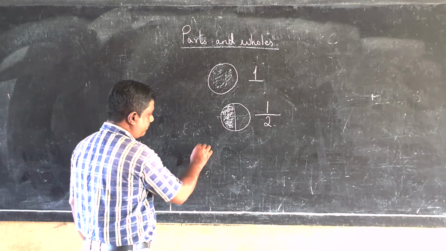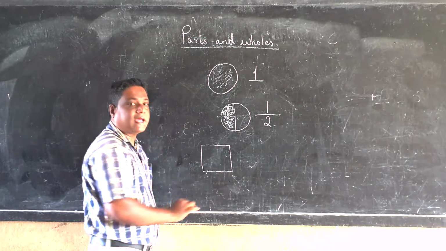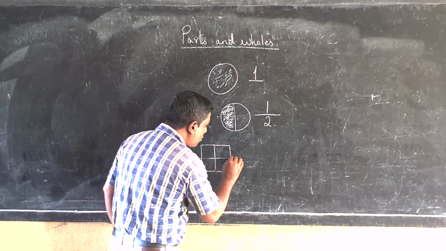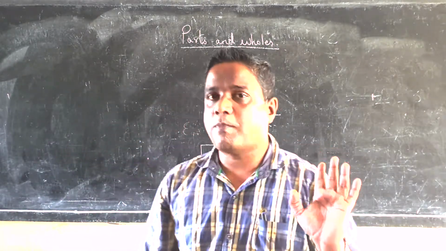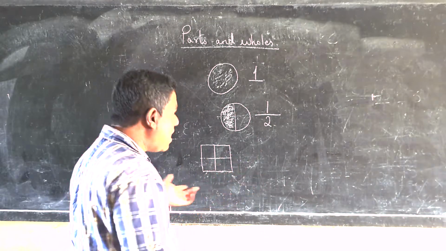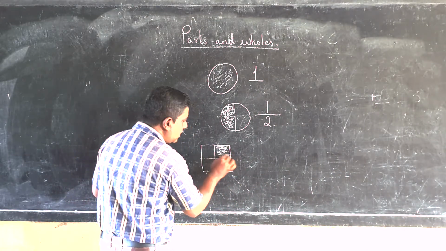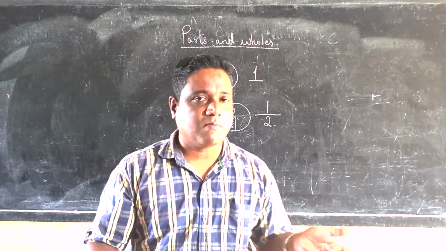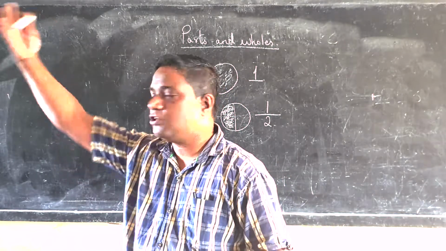Suppose I have a cake. I am dividing the cake into 4 parts. I give one part of the cake to my friend. So how many parts remain? 3 parts remain. One part I gave to my friend.